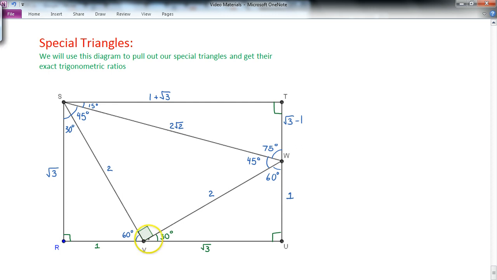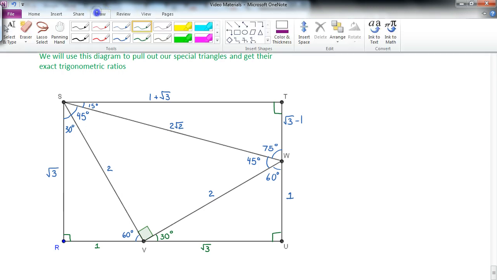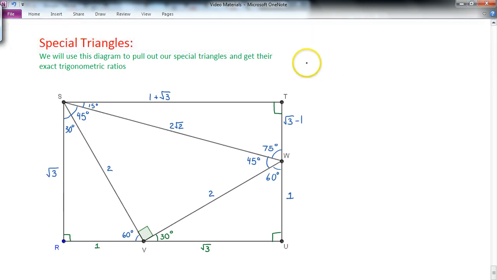So the first one that we have is this 30, 60, 90 triangle, and that's your first special triangle.